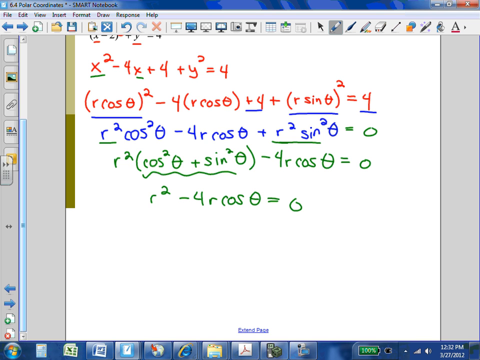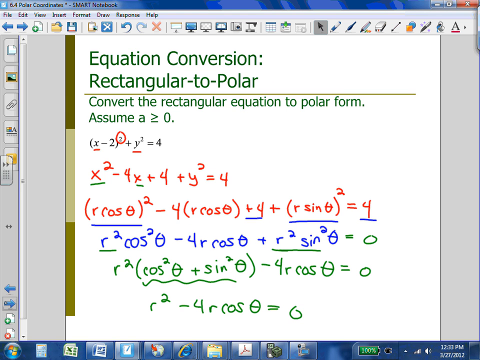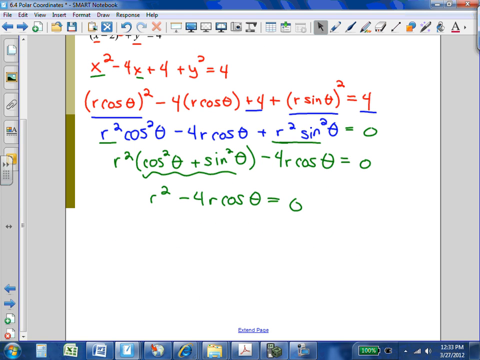Alright, now our other thing is, after replacing, we're supposed to solve for r. Okay, let's go back and finish that. So let's solve for r. Now solving on this, I've got a squared term and a linear term, so I'm going to factor. So I factor out an r, giving r times r minus 4 cosine theta equals 0.